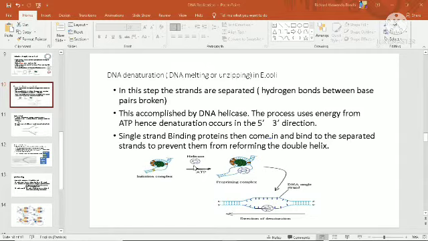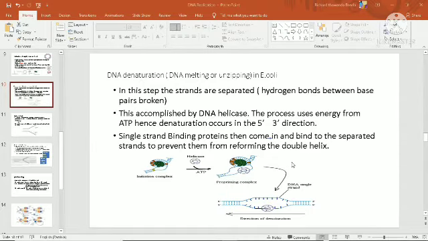And because it uses energy, if you remember from the structure of the nucleotides, you have a phosphate group attached to the 5' end. In order to acquire the ATP, it can only work from the 5' to the 3' direction.